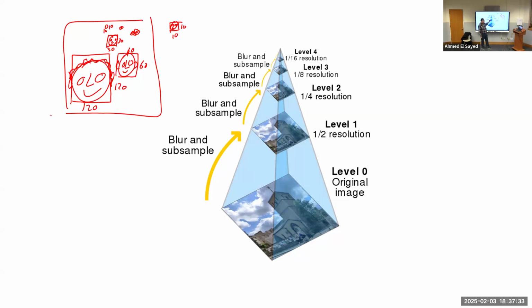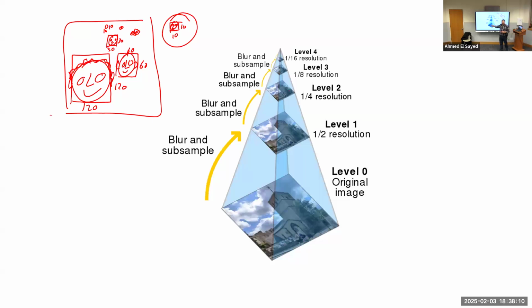After the next scale, it will be able to find the 30 by 30. After the second level, it will be able to find the 60 by 60. After the third level, it will be able to find the 120 by 120. So I'm designing the algorithm on the smallest size. Then after applying the filter, all large objects will become what? Small. So I will search for the smaller one on all the levels.